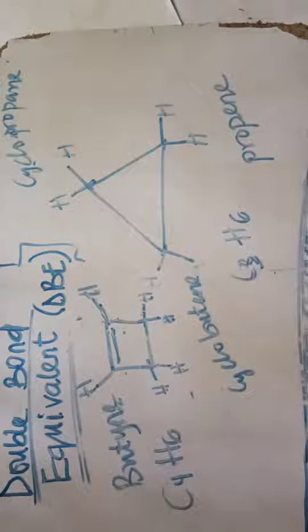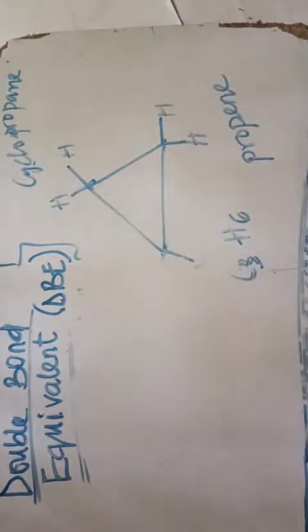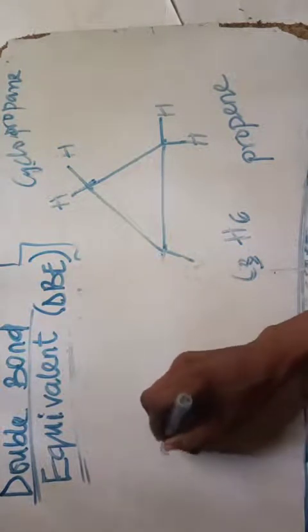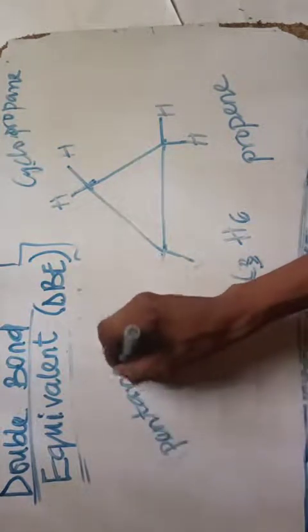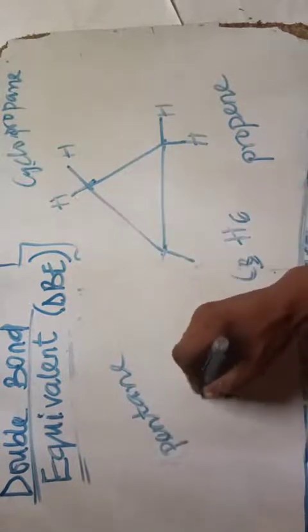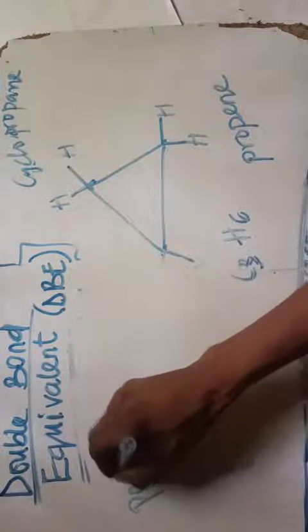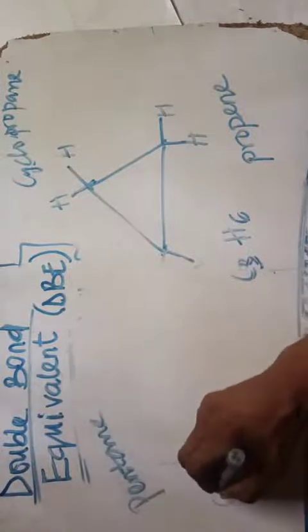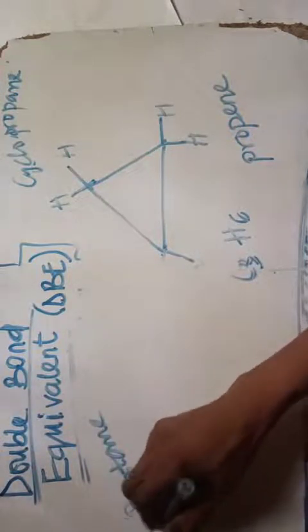So what if I add cyclo to pentane? What would it give me? Pentene. It will only lose a single hydrogen to give me a change to a double bond. So if I add cyclo to pentane, it will give me cyclopentene.